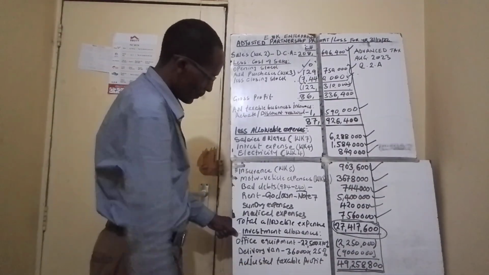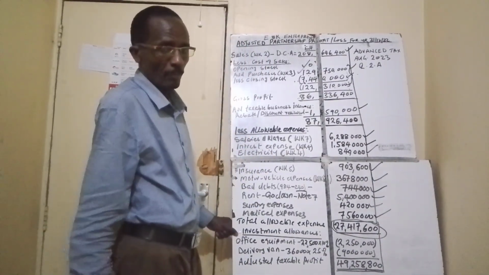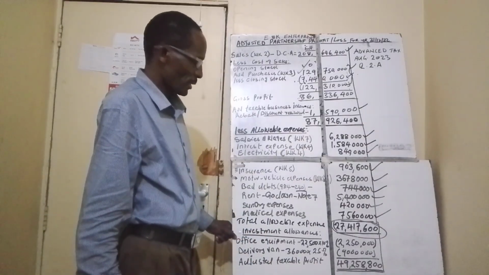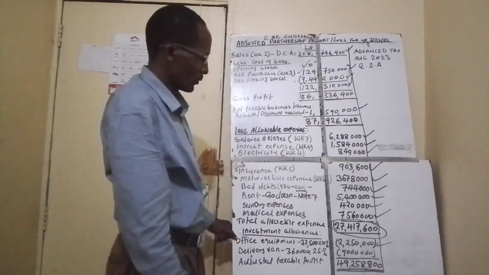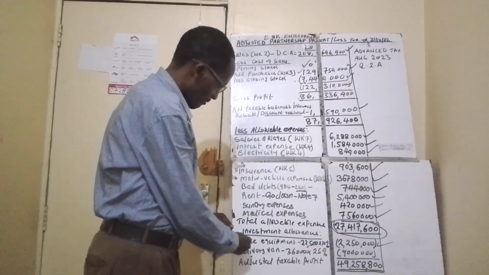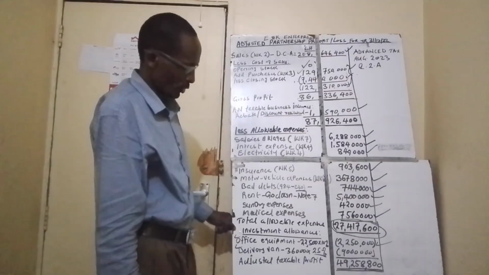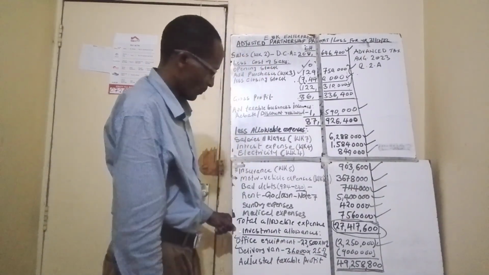So office equipment, the cost was 22,500,000. We get an allowance of 10%. That comes to 2,250,000. Delivery van, 25% is the rate that we use for capital deduction times an initial cost.